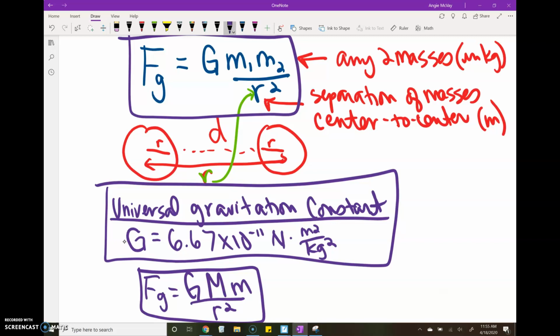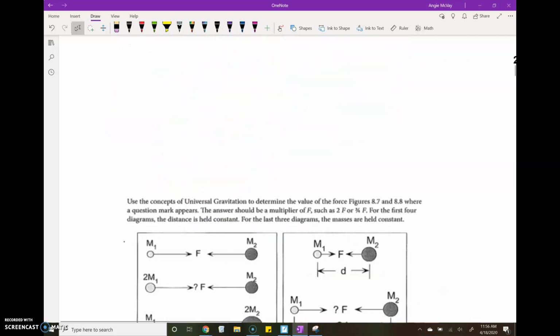Capital M mass, like a planet or something, and then a smaller mass that's orbiting around that bigger mass. So we could talk about the Earth and a person or a satellite. Okay, the Earth would be capital M and the satellite would be lowercase m. Or we could talk about the moon orbiting the Earth. So capital M would be the Earth and the moon would be lowercase m. And so it's a little more visually informative when you're writing it that way.